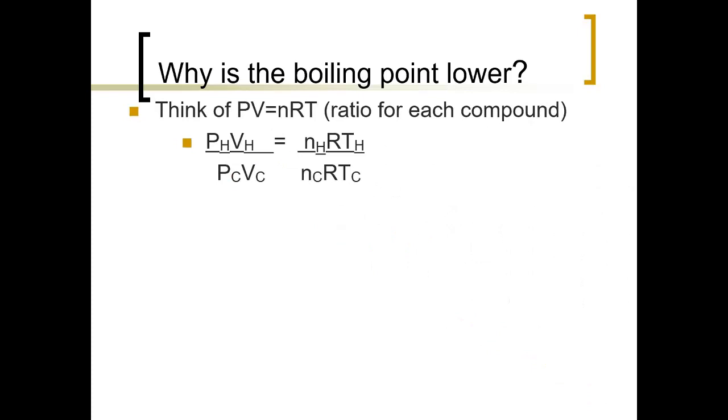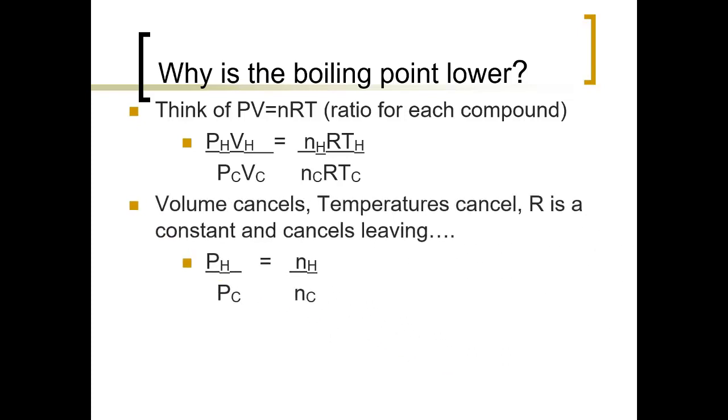Like I said before, think of what you learned in Gen Chem. You can actually figure out why the boiling point of the clove oil is going to be a little bit lower, and you can use PV equals nRT to figure out the ratio. You don't have as much clove oil, so the majority of what's leading the pressure and the boiling point is going to be that of water.